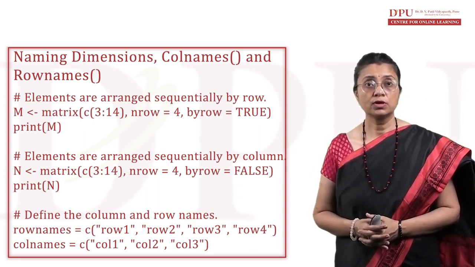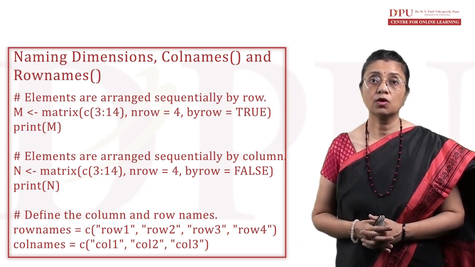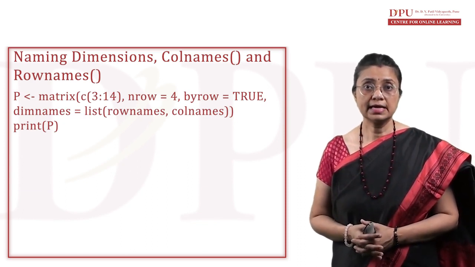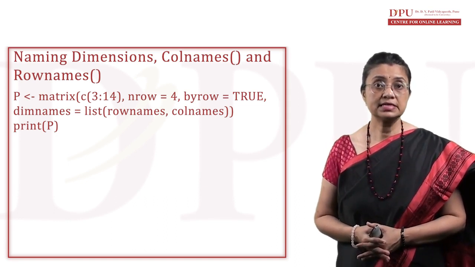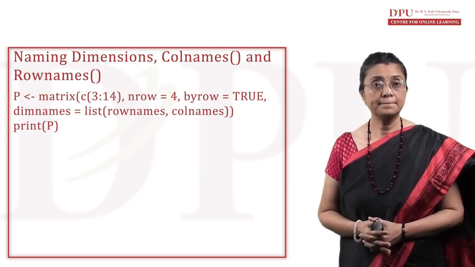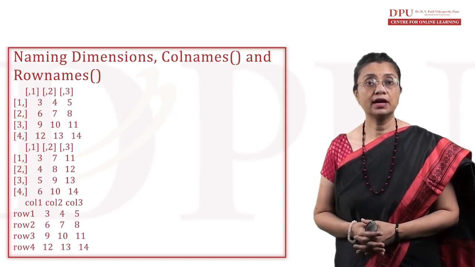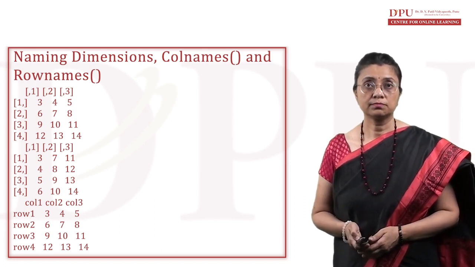These three headers are stored in the column names variable. Then there is P, where we are assigning it a matrix, and then finally we are printing P. That is how we have created a matrix and printed P, and you can see the output.